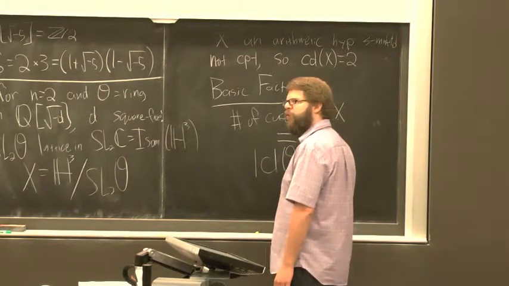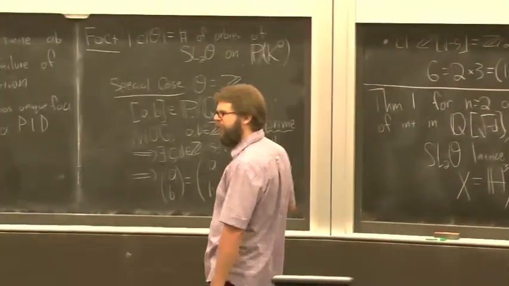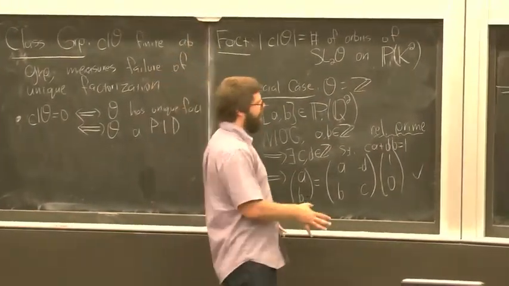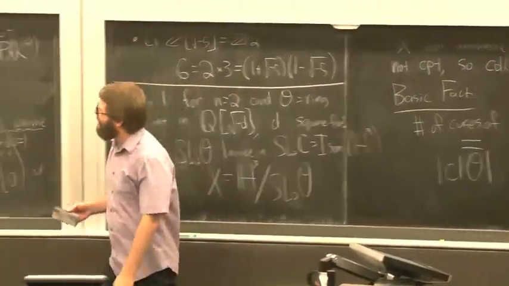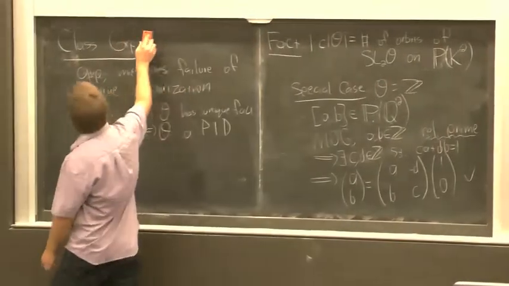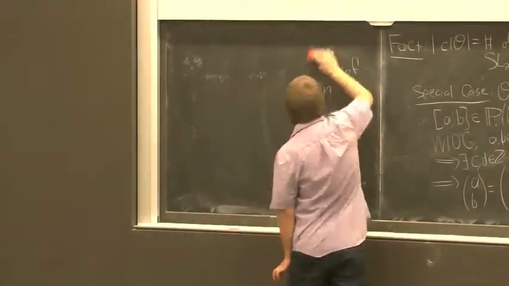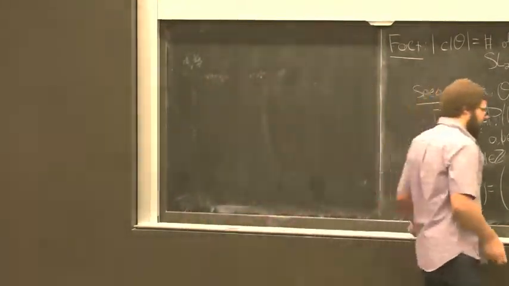Okay, so let me explain why that is. That's actually not hard given this proposition right here. Thankfully now my two theorems will be up there for the entire lecture. So where does this come from?